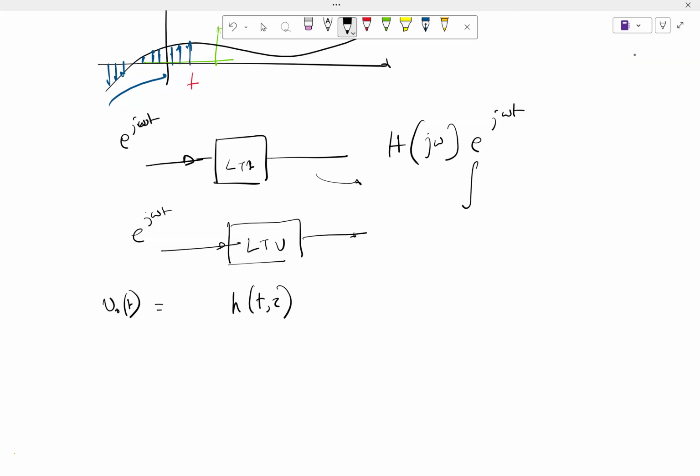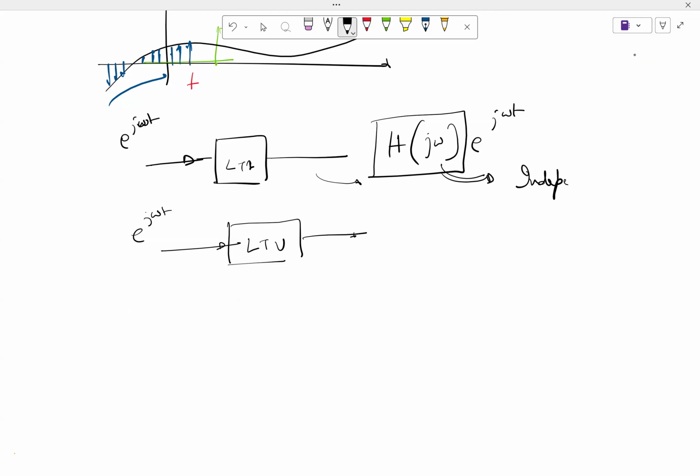Okay. So the key thing to note is that this h of j omega is independent of time, independent of observation time, independent of t. Here, I'm going to get h of j omega comma t times e to the power j omega t. So this is the envelope which is dependent on time.